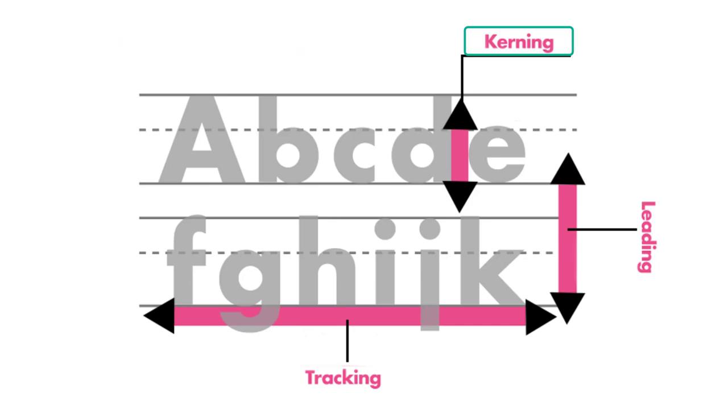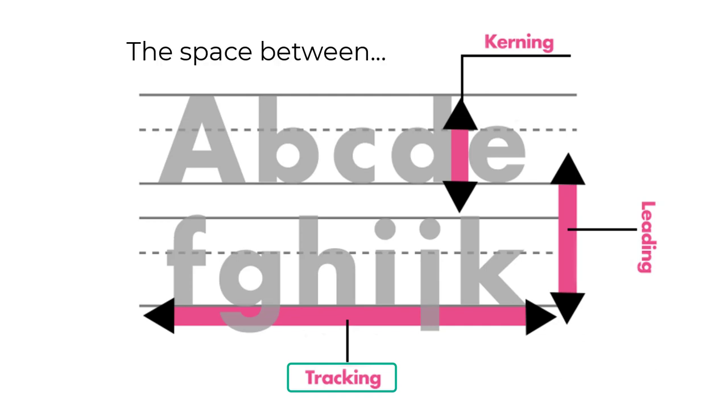Now, kerning refers to the space between two letters or characters. Tracking is the space between all letters in a word. So let's say the F, G, H, I, J, K, or let's also say the A, B, C, D, E, the spacing between all of them, that's more than two, right, in a particular line.